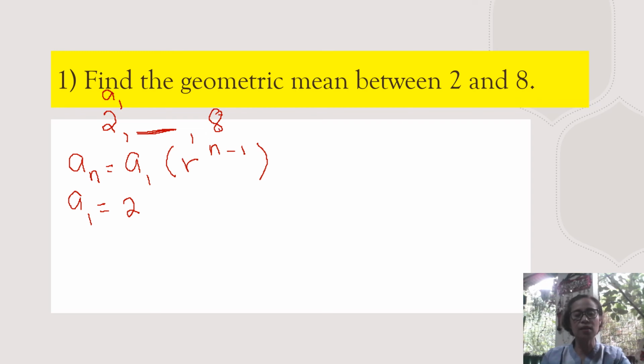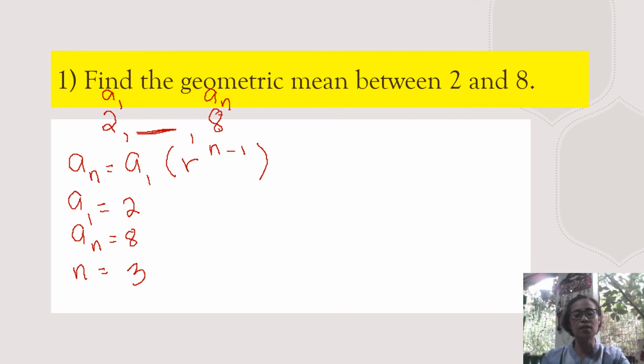And this is our a sub n, the last term, so a sub n is 8. Our n is how many terms there are in this sequence: 1, 2, 3, because our a sub n here is actually a3. So there are 3 terms.